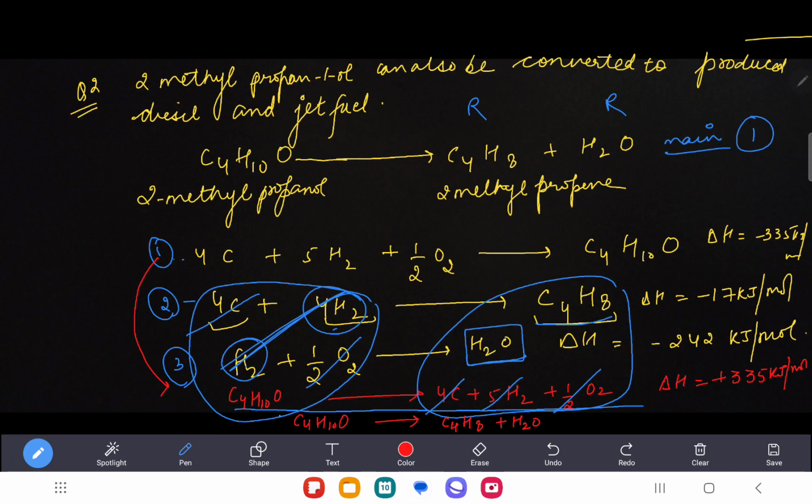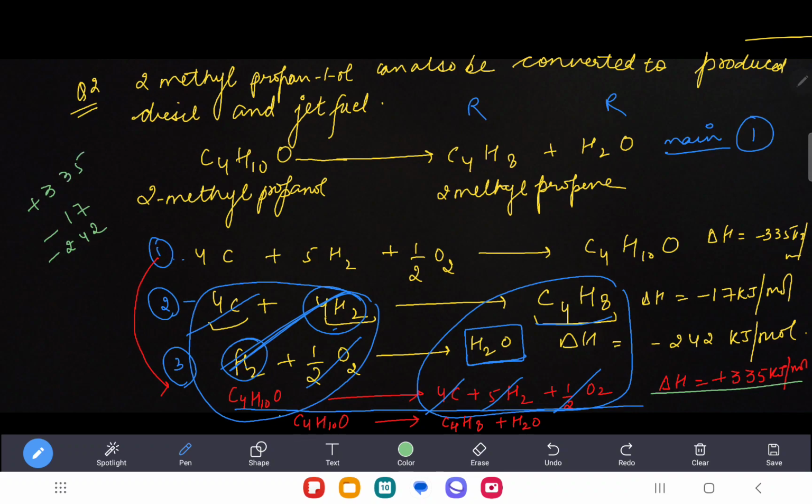That's it. Hess's law is all about this: if you are adding all the reactions to give the main reaction, that means you need to add the energies as well. And what energy would you get? You will get minus 17, minus 242, and plus 335.